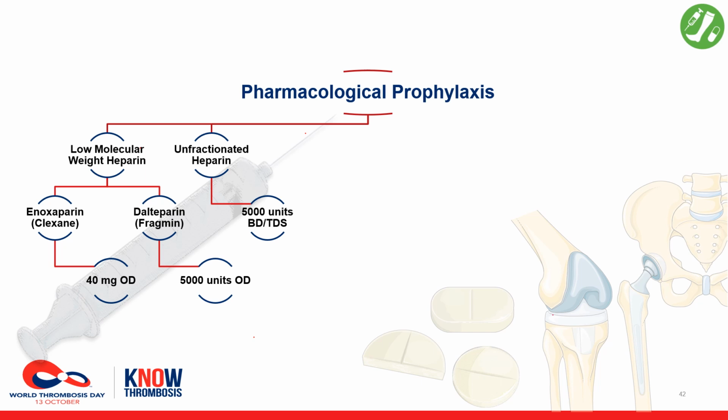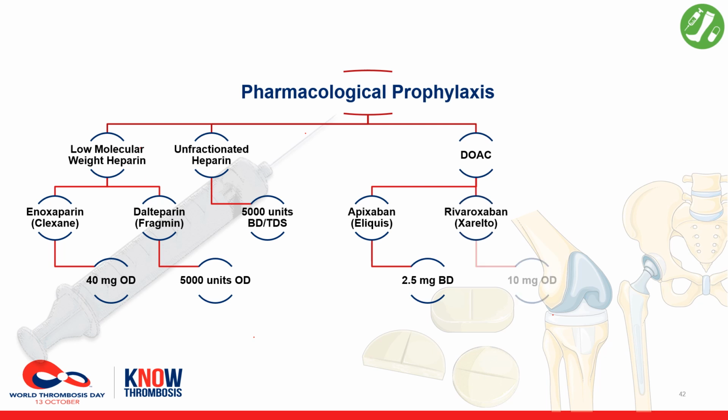Now, some of the newer oral anticoagulants are indicated for elective total hip and total knee replacements. That's the only indication in Australia that they have at the moment. These DOACs are apixaban, rivaroxaban, and dabigatran.